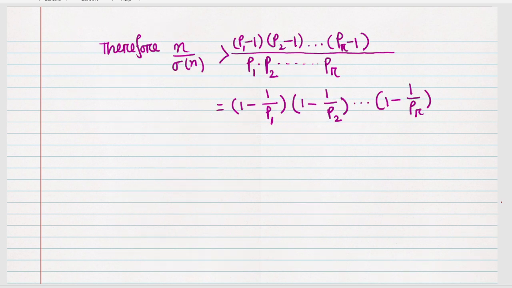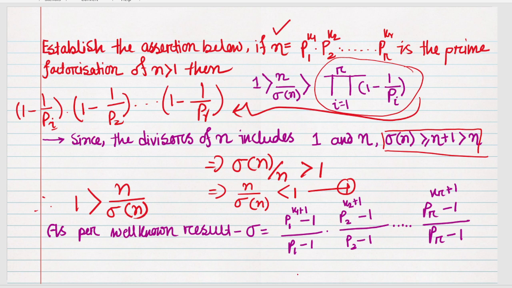Therefore our result of n by sigma n is nothing but (p1 minus 1)(p2 minus 1)...(pr minus 1) by p1 p2 ... pr, and we are taking this as result number 2. We had result number 1 in the earlier slide.